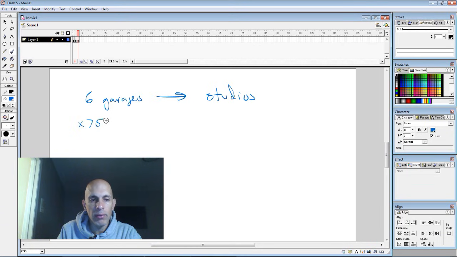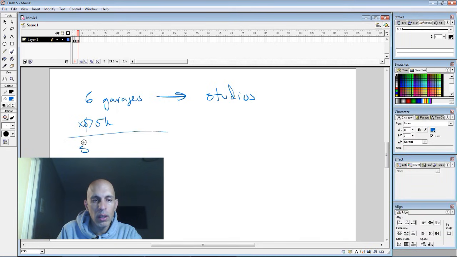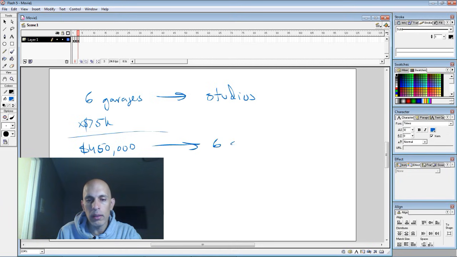Times 75K each to turn them into studios. So 6 times 75,000 is 450,000 to get 6 studios.